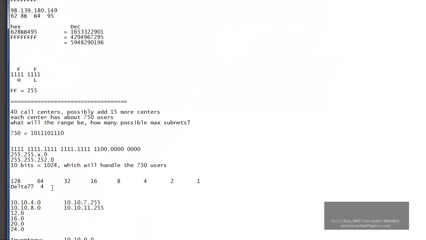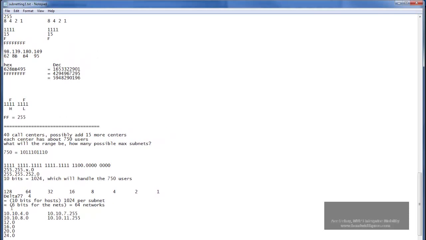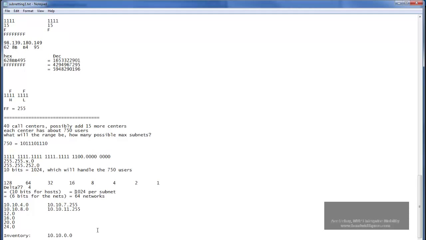So that equals 1024 per subnet, and that's equal to 6 bits for the networks, which equals 64 networks. Always remember to add the 1, because 0 is 63. I say here 10 bits for hosts. So there you go. That's actually the answer right there.